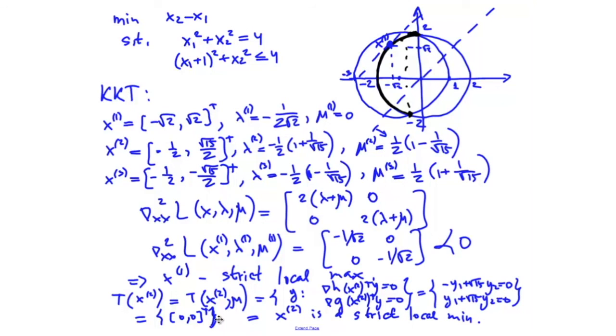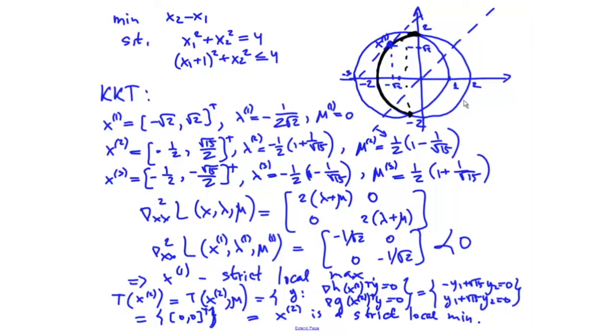For the third point, we can also show that T of x3, mu just consists of one element, the point 0, and therefore we can also conclude that x3 is also a strict local minimizer. Therefore, we found that one of the 3 points was a strict local maximizer and the other 2 were strict local minimizers.